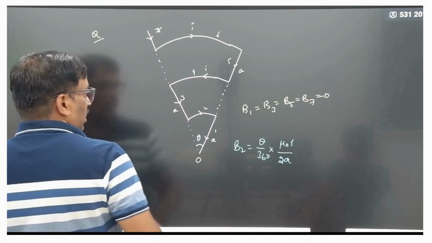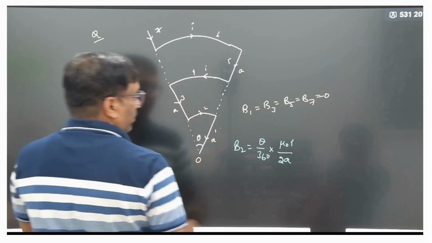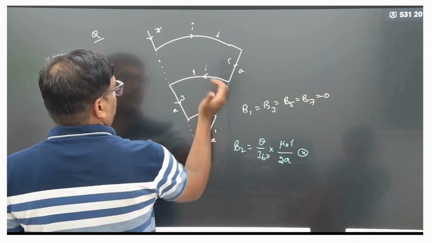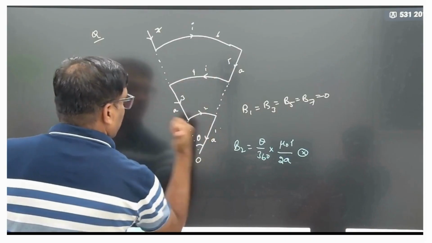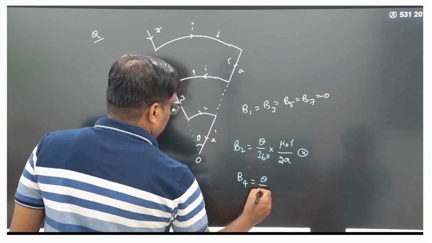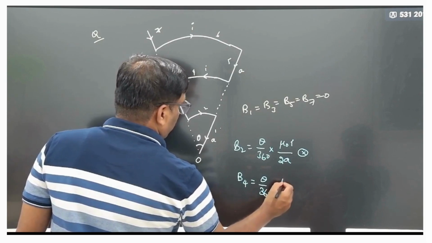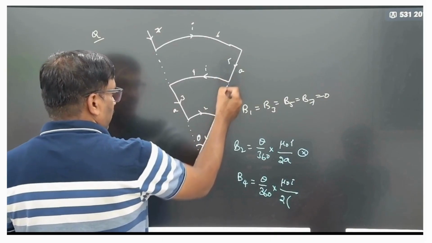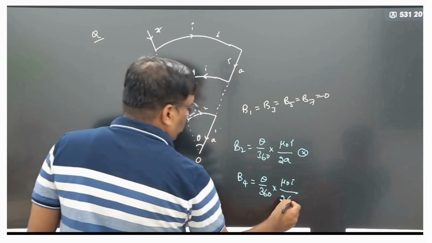This is one. It is in which direction? It is inside, right? But here this fourth part, the current is like this, the magnetic field is outward. Therefore B4 is theta by 360 into mu naught into I by 2 into, what is the distance here? Radius, this is a, this is a, therefore 2a.